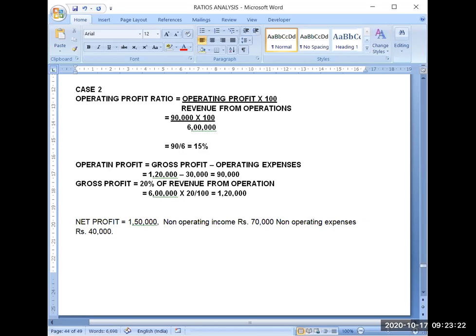So how will you calculate your operating profit? Operating profit is equal to net profit plus non-operating expenses minus non-operating incomes.